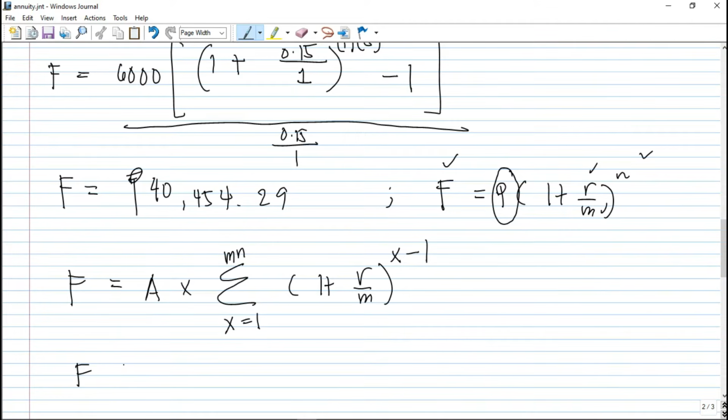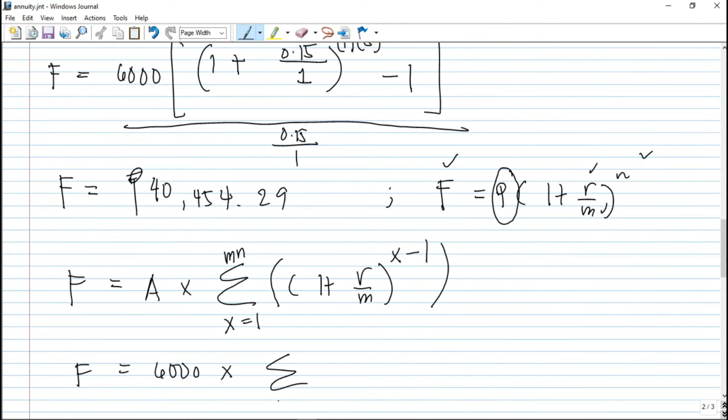So, F equals, our A here is 6,000, okay, times. Let's put a parenthesis here. So, we always put a parenthesis here. So, two parentheses, so that the summation does not get mixed up with our exponent. Because if there is no second parenthesis, it means you will erase everything. But here, we will only erase what is inside the parenthesis. That's why you need to put 2 parentheses here. That's a common mistake, guys. So, take note of that.